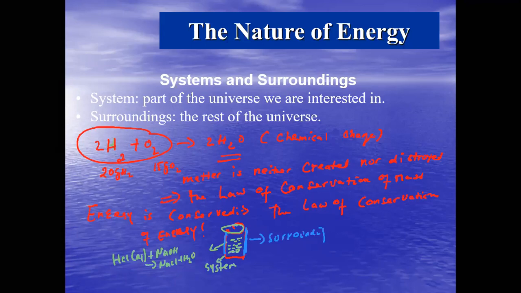There is going to be a transformation of energy from system to surroundings, or from surroundings to system. If there is any reaction inside a test tube or a beaker, like hydrochloric acid and sodium hydroxide, what is happening inside the beaker is the system. The reaction might produce gases like carbon dioxide, and it might generate some heat.